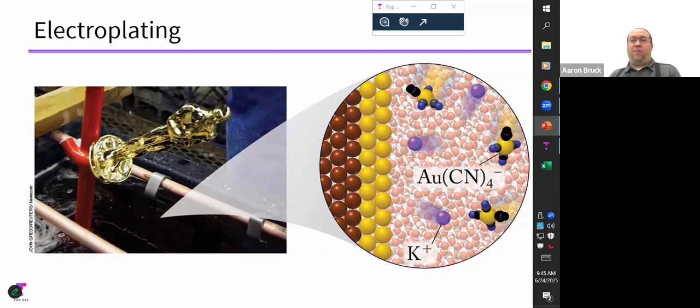The cyanide gold complex is in solution. You put the metal into that solution with a little bit of electricity, and the gold starts to plate itself and ditch the cyanide molecules behind.